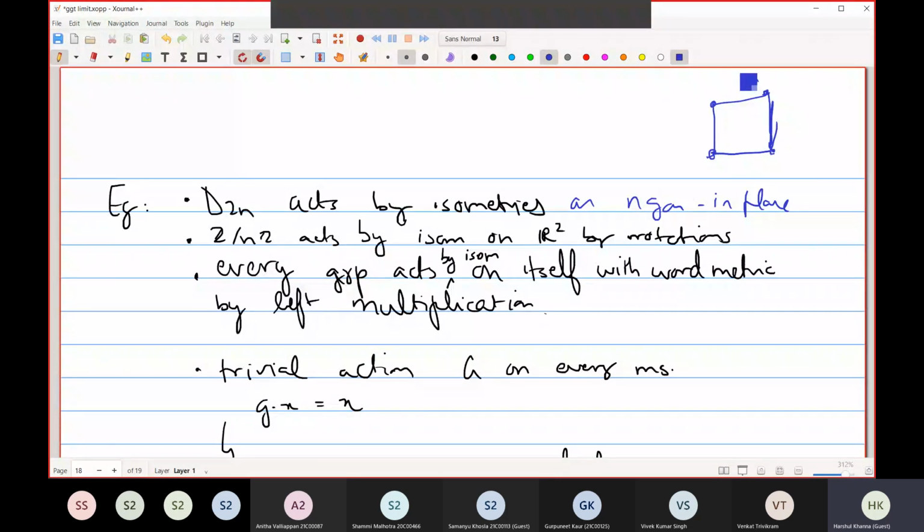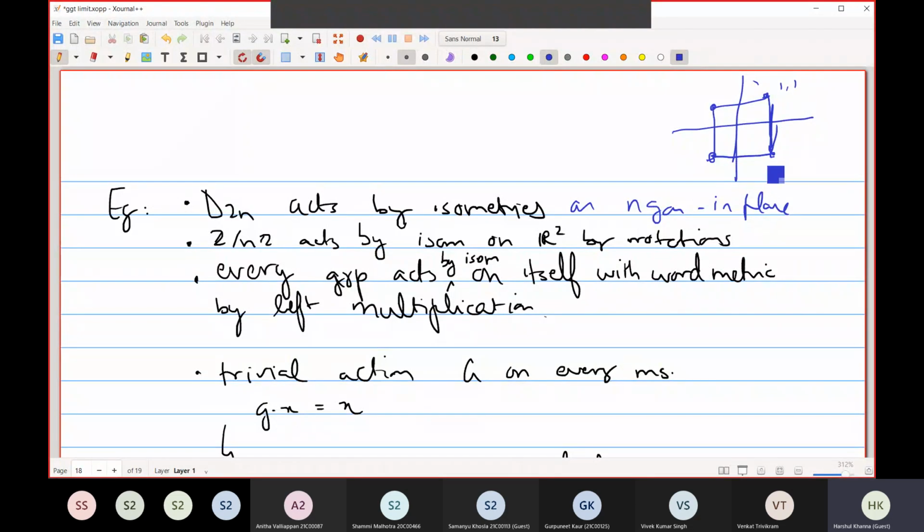This is your (1, 1) and so on. Sorry, (1, -1), I guess. Right, and so on. So this is a plane. So D_2n acts by isometries on an n-gon. This is a normal D_2n action of a group on a set, and we are adding the condition that it's by isometry. So it preserves the distances.